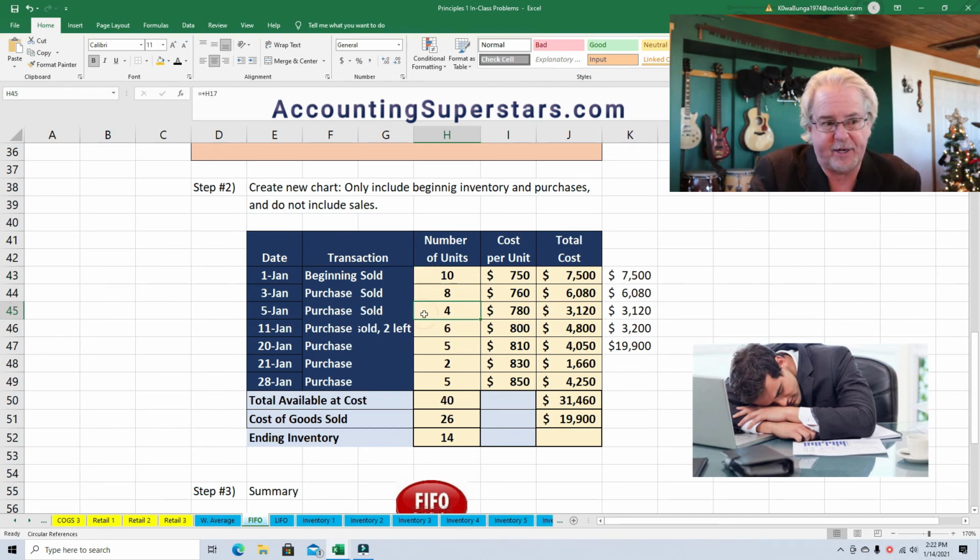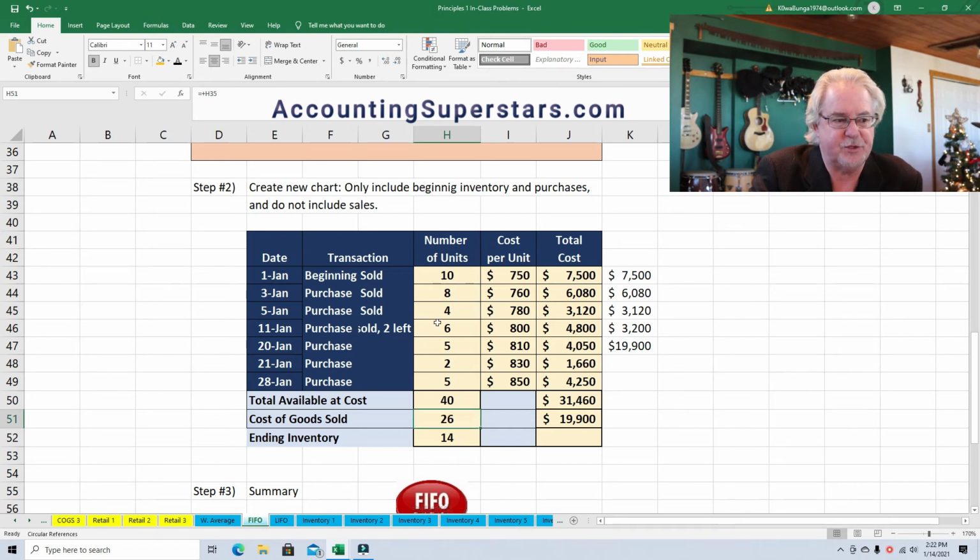These 4 were sold, bringing us to 22. Now out of this 6, 4 were sold, which brings us to the 26. So 4 are sold, 2 are left. 4 times 800 is 3,200. And all we do is add up these numbers. We get 19,900. So 19,900 is our cost of goods sold.